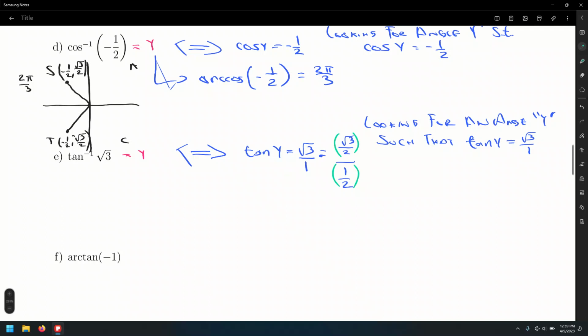Do we agree that by definition of tangent, isn't that y over x? Right? So now we're looking for an angle that has a y of root of 3 over 2 and an x of 1/2. There are actually 2 points, right? What are those 2 points?